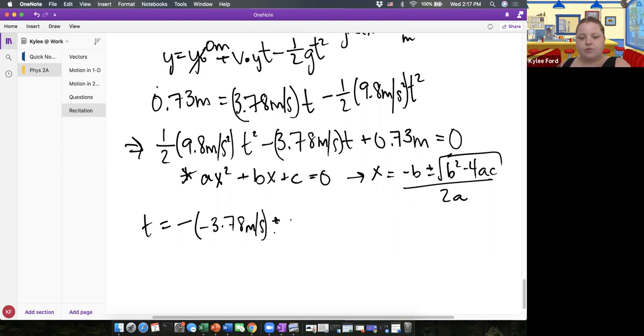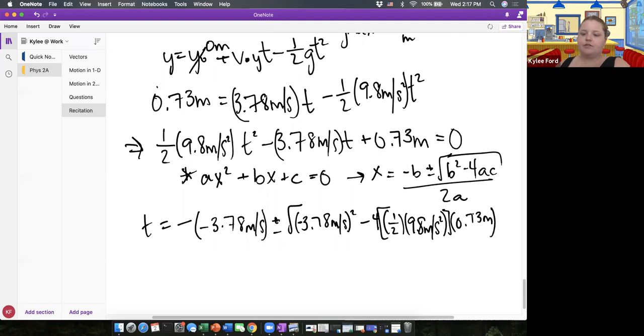Okay, plus or minus square root of that number squared. So I'll put the negative in there. Squared. Okay, minus 4 times a, which is 1/2 times 9.8 meters per second squared times c, which is 0.73 meters.